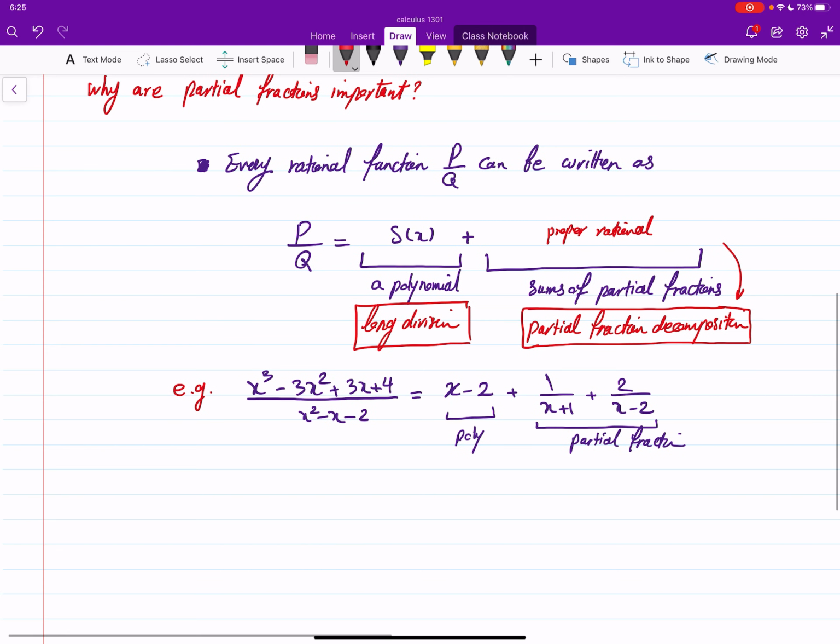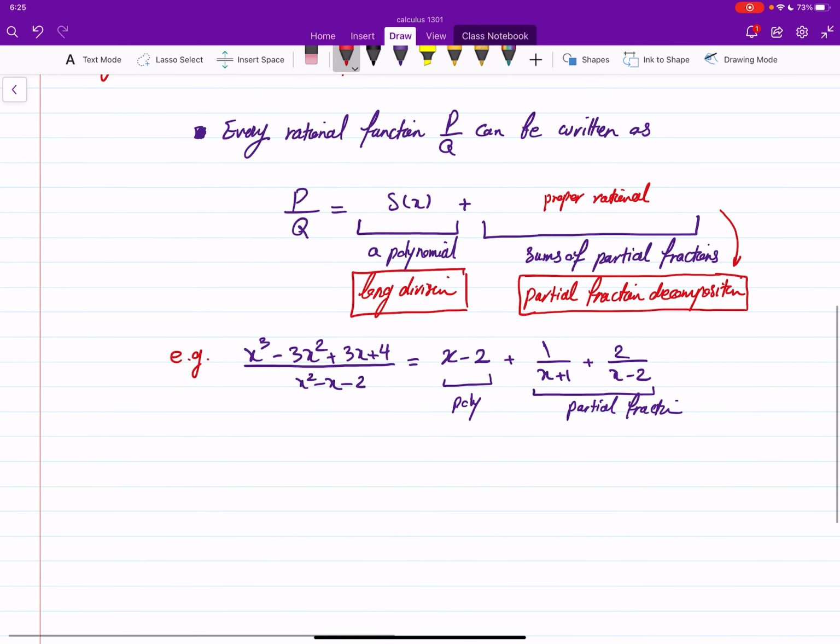Okay, so you say that's very nice, you do all this work, but why? Look, integrating polynomials is easy. If I know how to integrate partial fractions, I can claim that I can integrate all rational functions. Again, I know how to integrate polynomials.